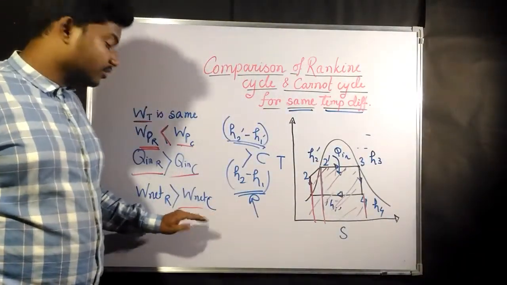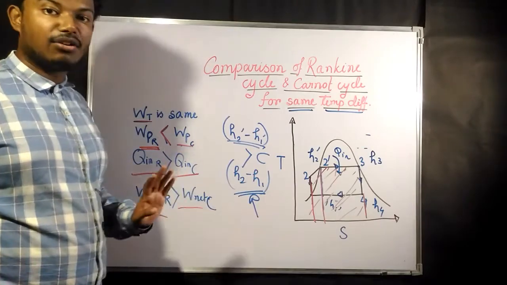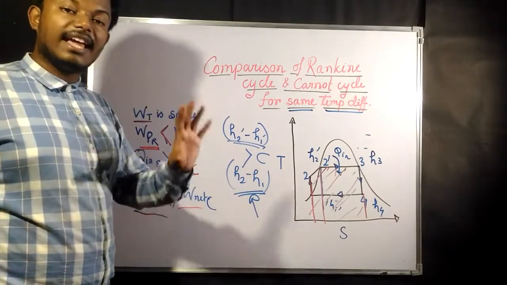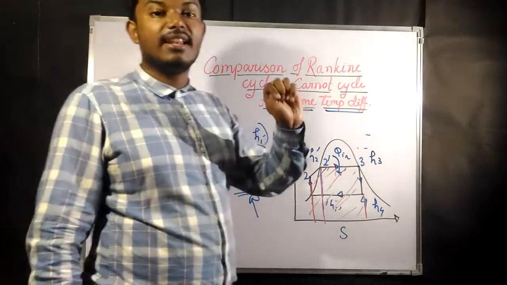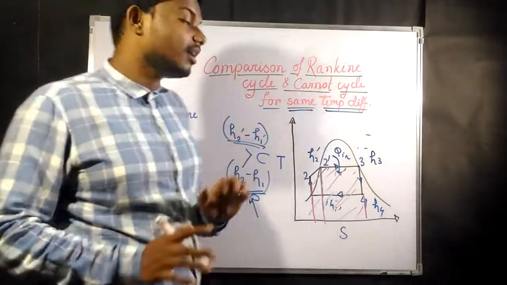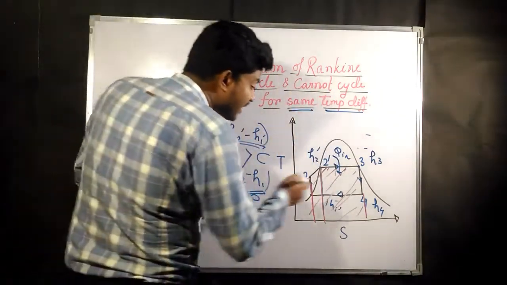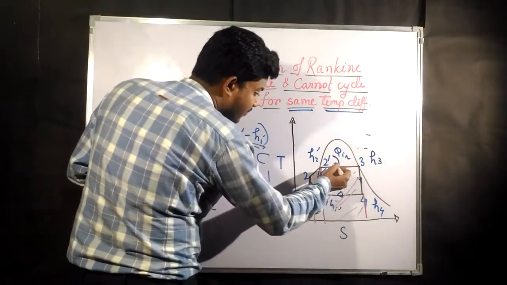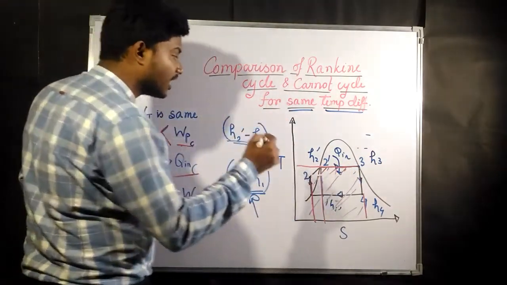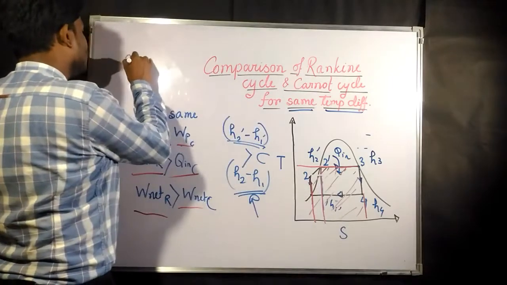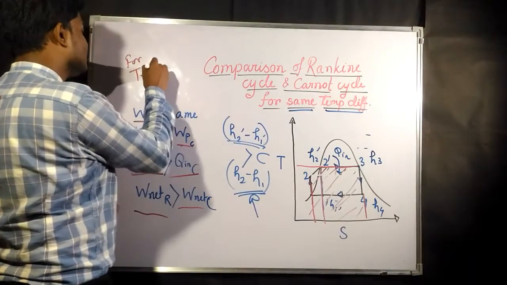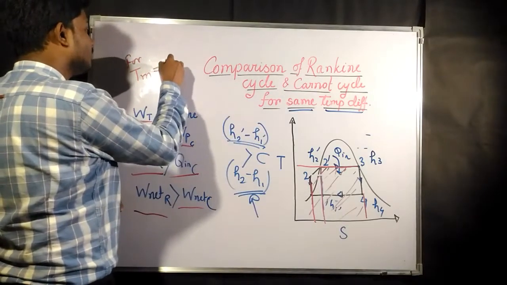Net work is lower for the Carnot cycle, but the efficiency of the Carnot cycle is always going to be higher. Because of what? Because of the mean temperature of heat addition. We have seen that for the Carnot cycle the mean temperature is always equal to the maximum temperature.